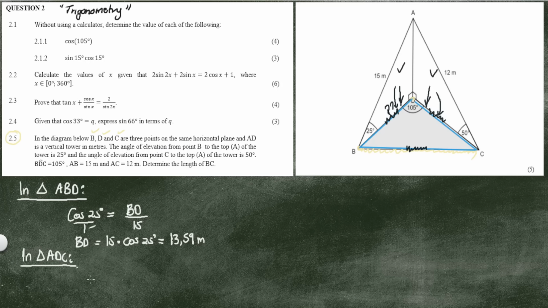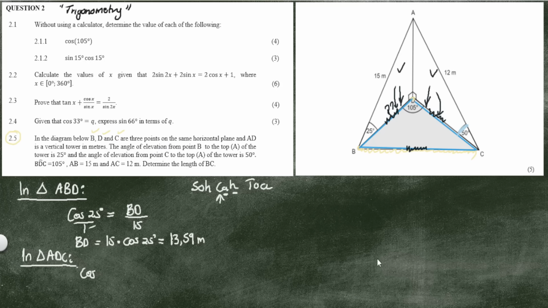Then again in triangle ADC, for the adjacent side DC, I'm going to say cos is adjacent over hypotenuse of the given angle. We are given 50 degrees in triangle ADC, so I'm going to use the 50 degrees to work out the adjacent side.